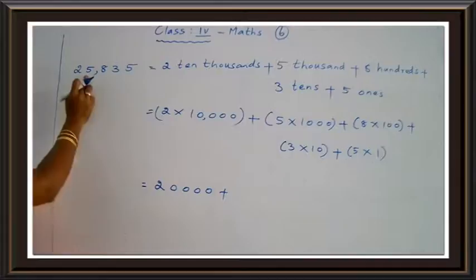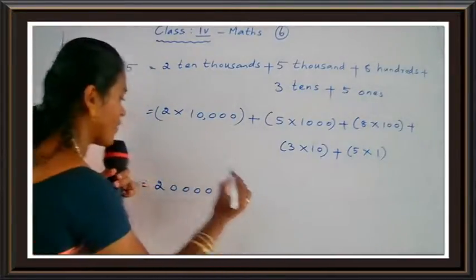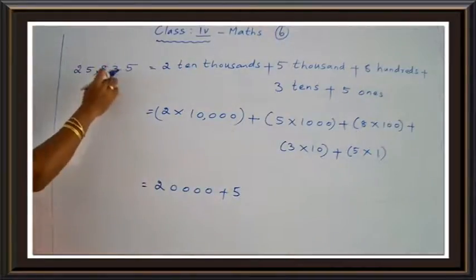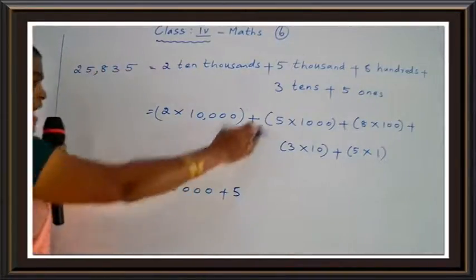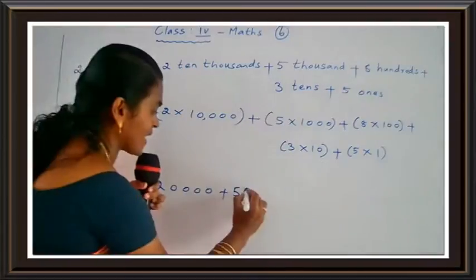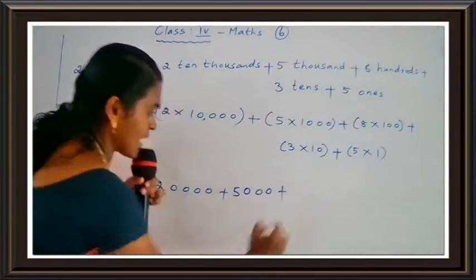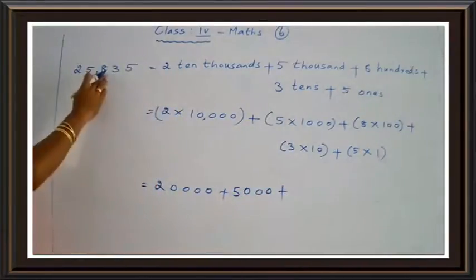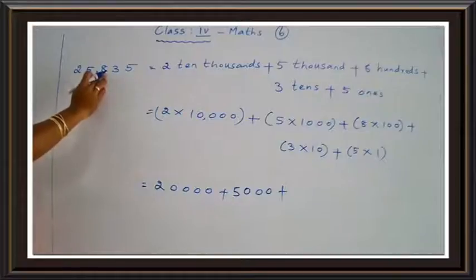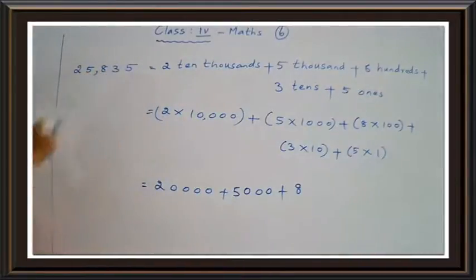Next you come to the next digit 5. Okay, so 5, you count the digits 1, 2, 3, remaining 3 places, so zeros. That's why 5 into 1,000, your answer is 5,000. Plus next digit is 8. Okay, so plus 8, remaining how many digits are there? Ones place and tens place, so there you put 0.